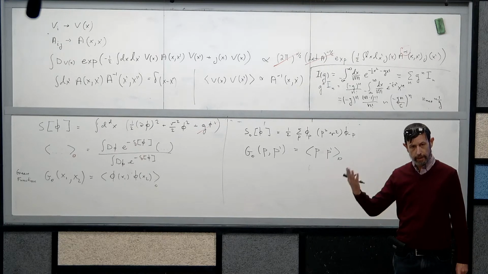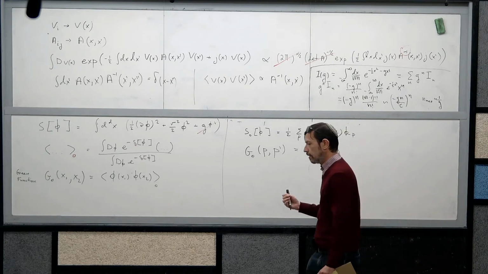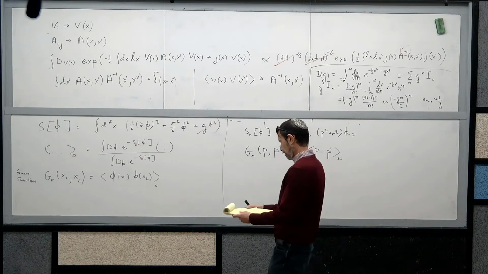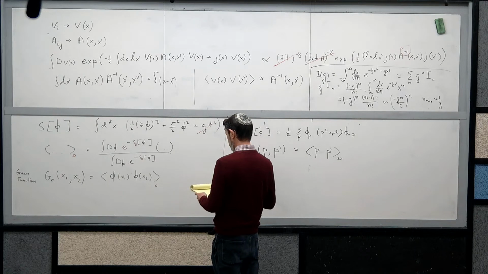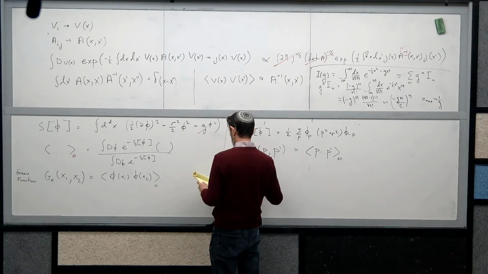What will I see? What is the probability amplitude that I'll see it at p prime?